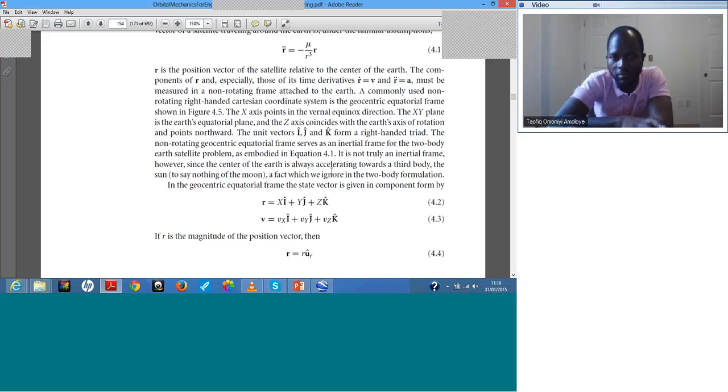So in actual fact, one might not have a truly inertial frame of reference, because if we were to shift our frame of reference to the center of the Sun and think it might be fixed, I just told you moments ago that even the center of the Sun is accelerating towards the center of some other thing. So if we try to shift that inertial frame of reference to the center of that thing, that thing is also accelerating towards the center of some other thing.